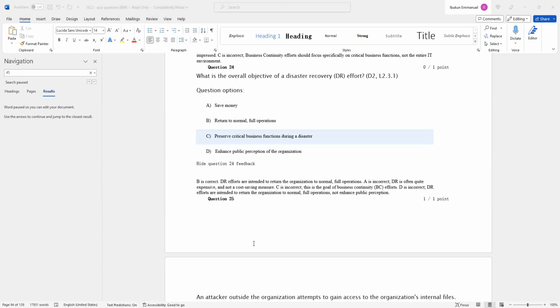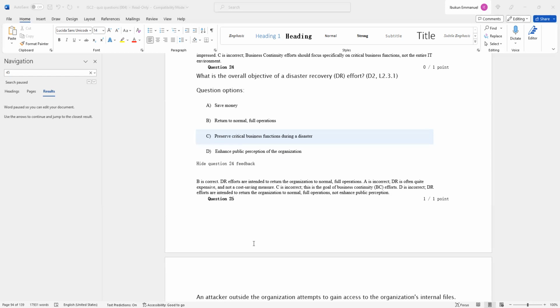Disaster recovery is about recovering the systems or the business back to the state it was before the incident or the event occurred. Whereas business continuity is about trying to ensure that the business, the most critical systems and the critical business operations continue to run during an interruption.